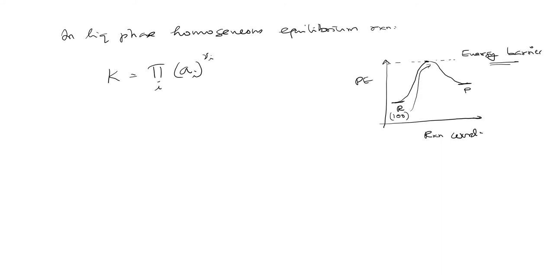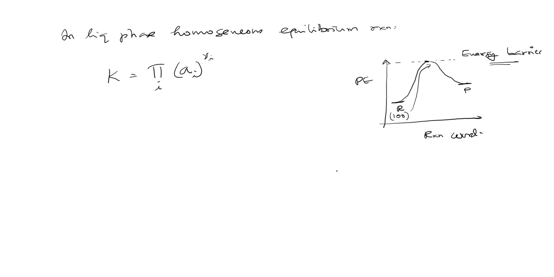Among 100 molecules, there may be 90 or 80 molecules that reach the energy barrier and form product. The total number of molecules may be very large, but the active molecules, the molecules which cross the energy barrier, will be fewer.